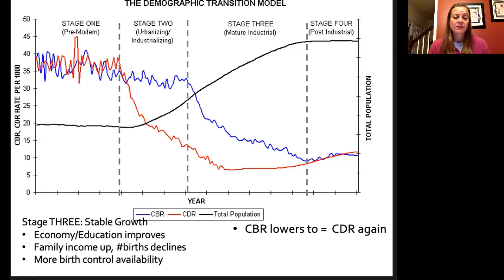Death rate is still continuing to decline. And so towards the end of stage three, crude birth rate is reaching the same as crude death rate. And so this population is still growing, but it's growing much more slowly.